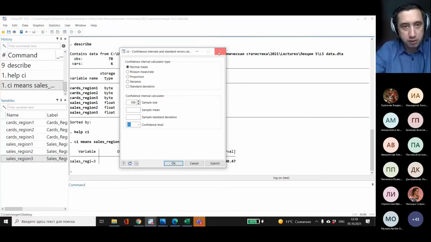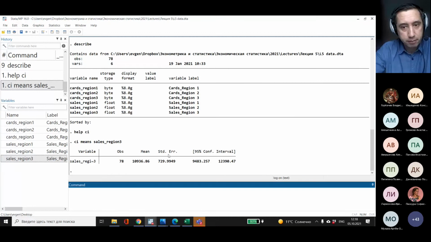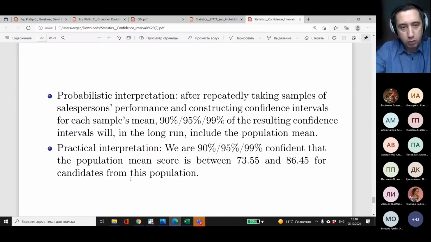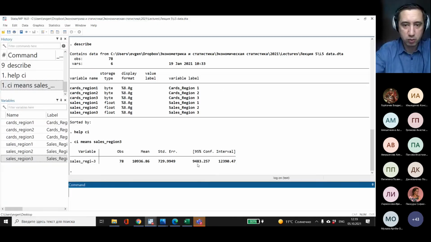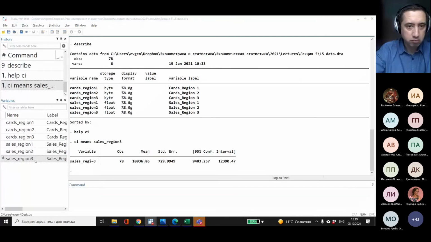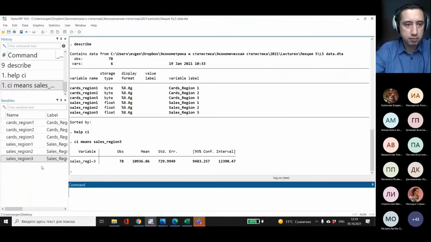Not this one. So that's it. And how to interpret such a number? We can say that we are 95% confident that the population mean score is between this number and this number for sales in region 3.